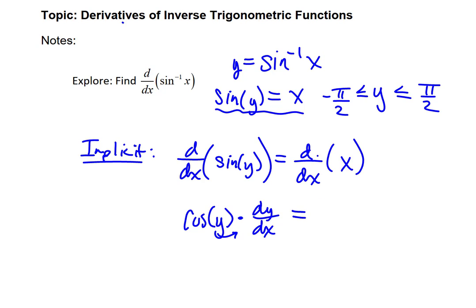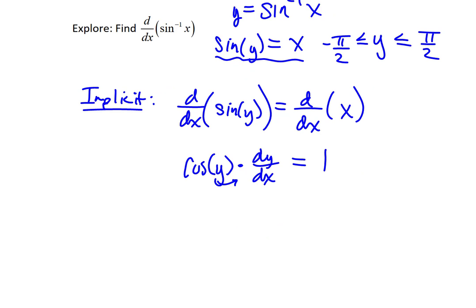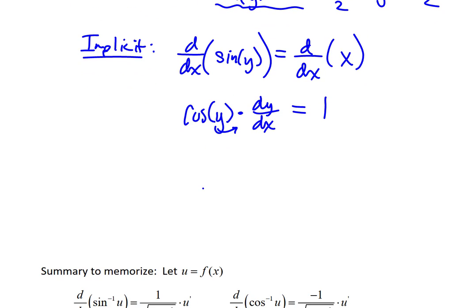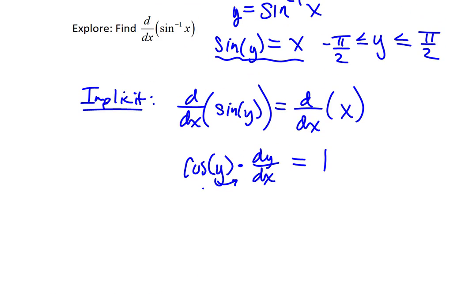On the right side, I have d over dx of x. Well, x is already explicitly a function of x. That's just 1. Now, as you'll recall in implicit differentiation, you want to get dy over dx alone. And so if I continue to isolate that, I'll have dy over dx equals, and if I divide both sides by cosine of y, I'll have 1 over cosine of y on the right side, and that's what dy dx is.